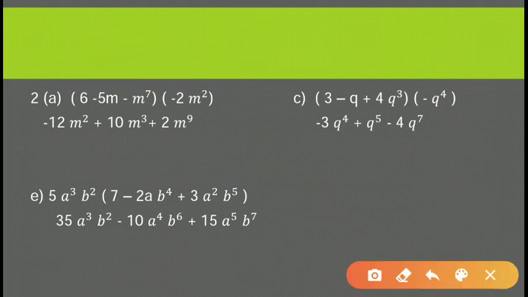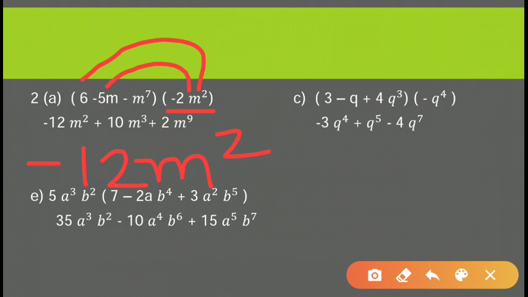So when you multiply minus 2m square with the 6, first minus 2 into 6 will give you minus 12, and then m square will be as it is. When you multiply this with the minus 5m, minus minus will become plus, 2 into 5 will give you 10, and m into m square will give you m cube.